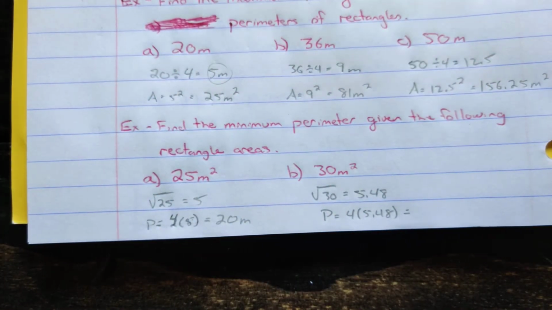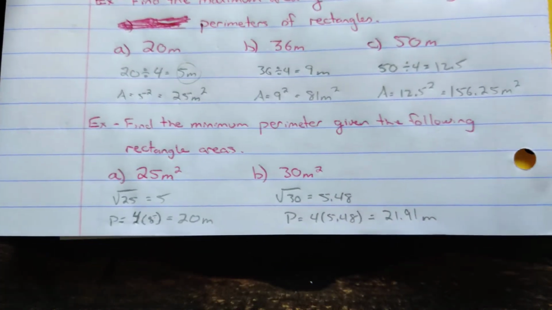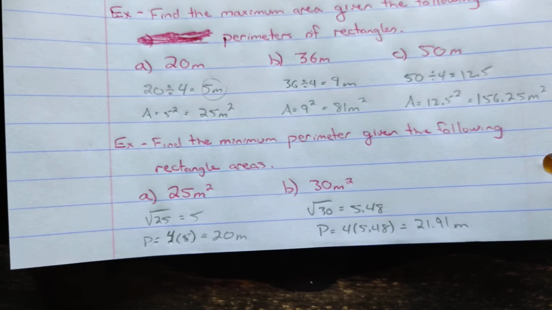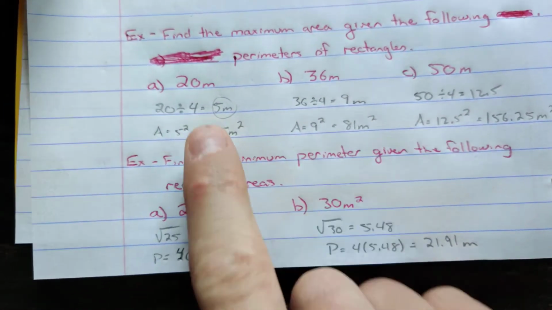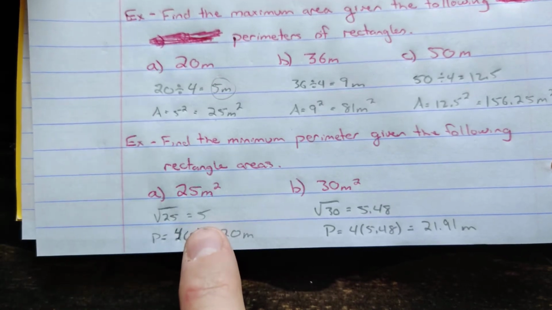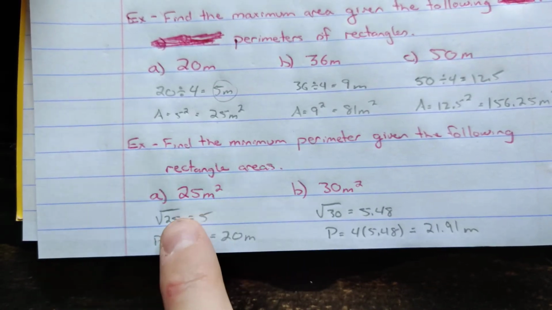And so we just multiply that by 4. So the perimeter equals 4 times 5.48, which is going to equal 21.91-ish meters. Okay, so what we've done there: we've maximized the area by dividing the perimeter by 4, and we've minimized the perimeter by square rooting the area.